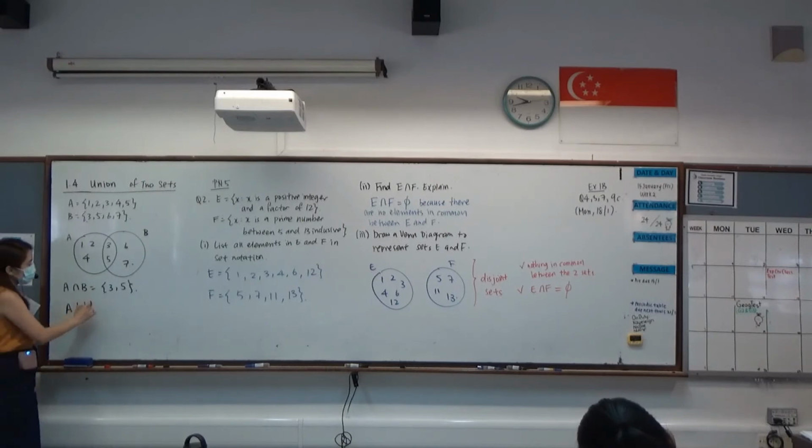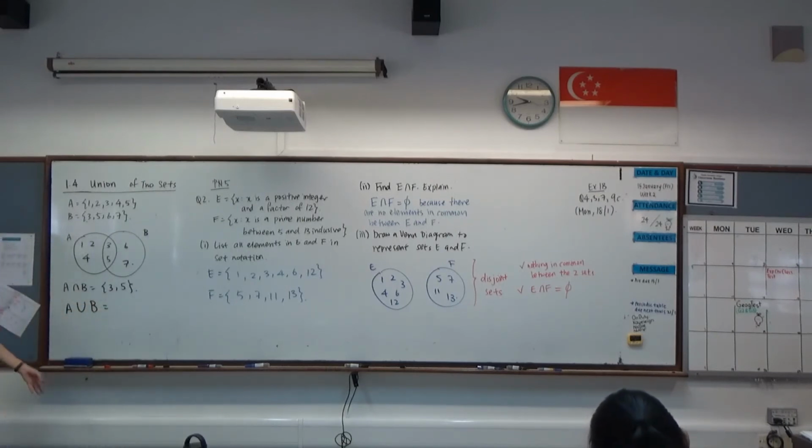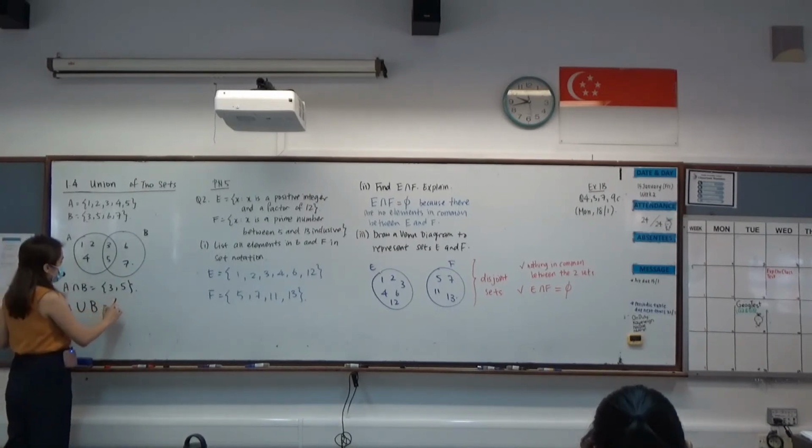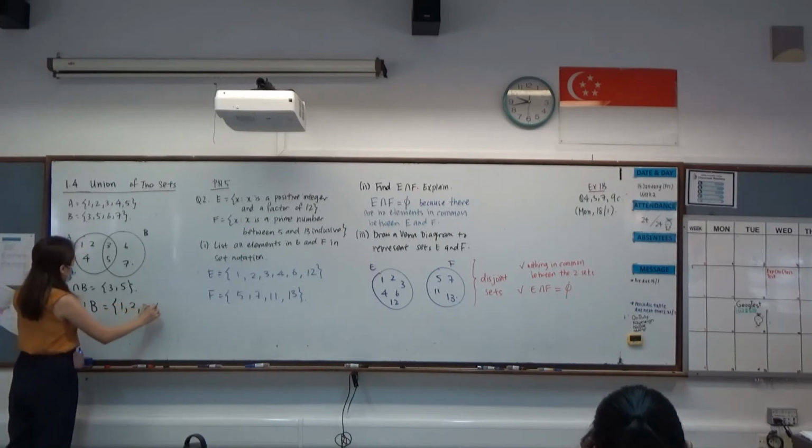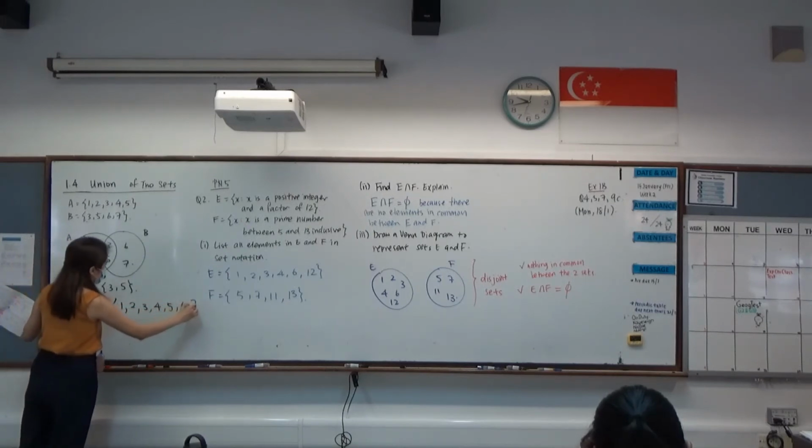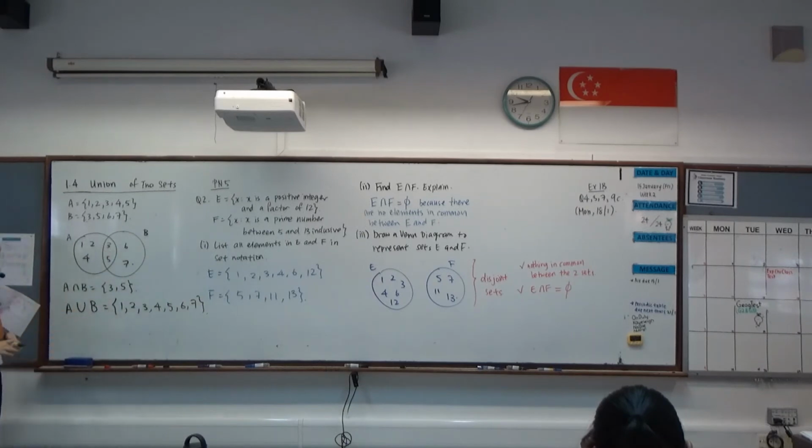So A union B would actually refer to, think about how unions are like people coming together, like marriages and all that. When we talk about union, it is everything together. So in this case, we are looking at all the elements 1, 2, 3, 4, 5, 6, 7.